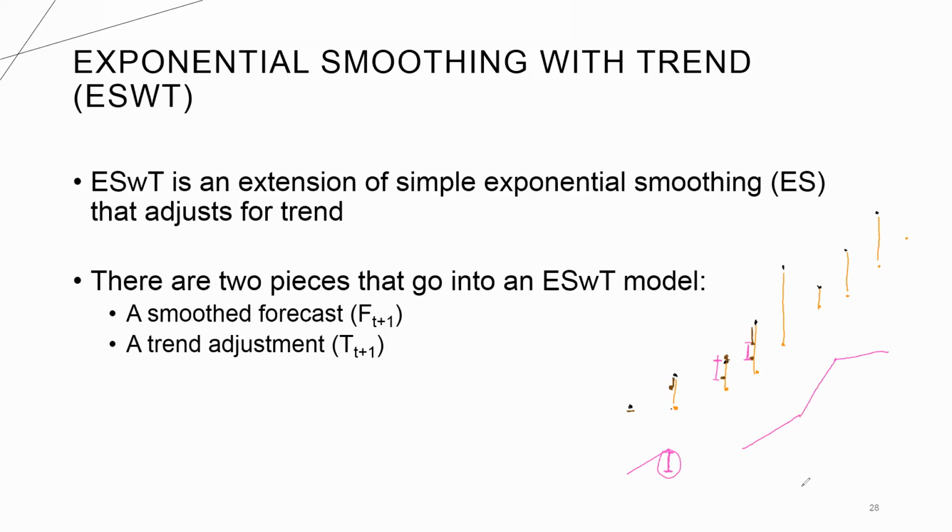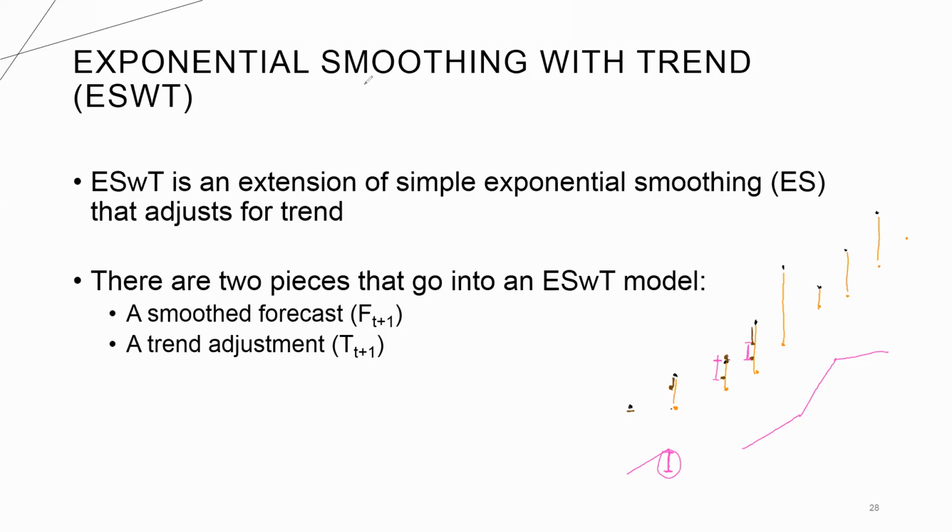So we are going to be doing the smoothing with the trend adjustment, and we're also going to be adjusting that trend adjustment. That second part is not something we have to do. We could do a model where we did not adjust the trend, and we're going to see that. But it's a thing we can do.